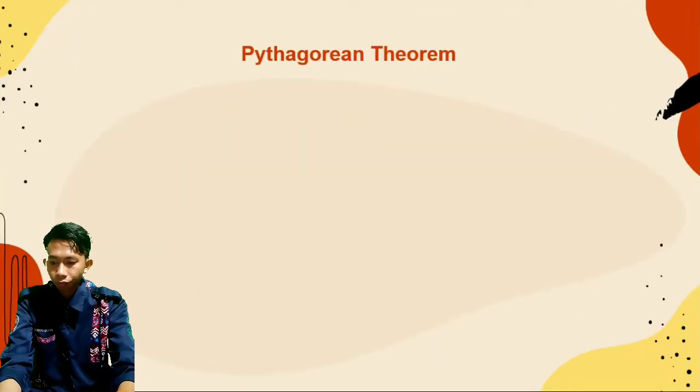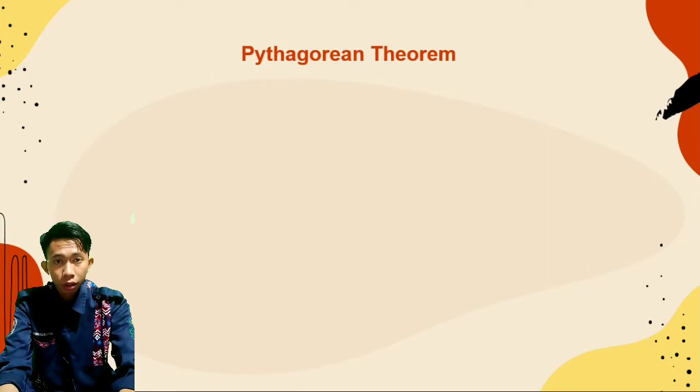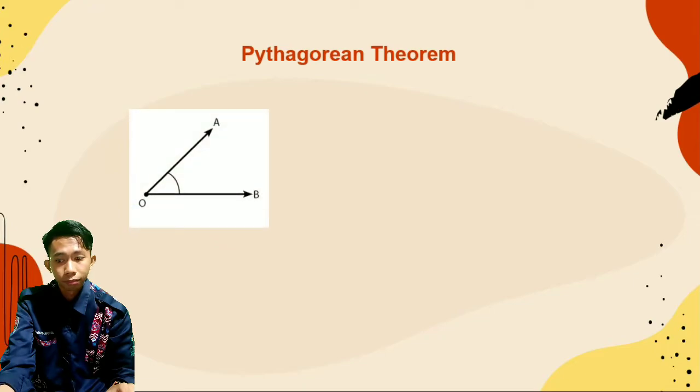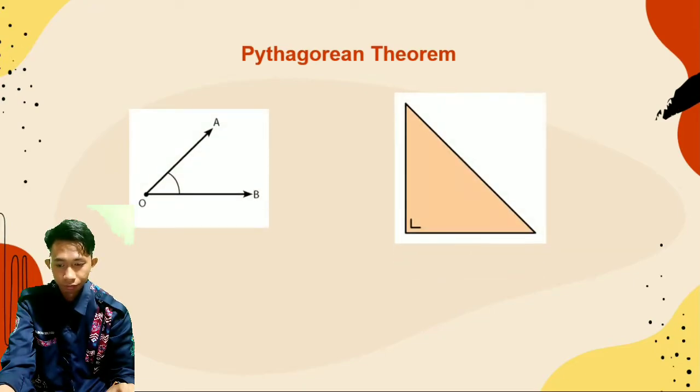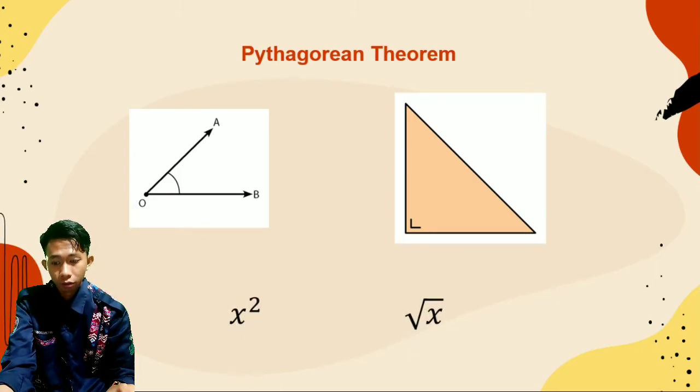Before we learn about the Pythagorean theorem, there are several things that you need to know before you can truly understand it or use it to solve problems. First of all, you need to know about angles and triangles, of course, and also a little bit about exponents and square roots.